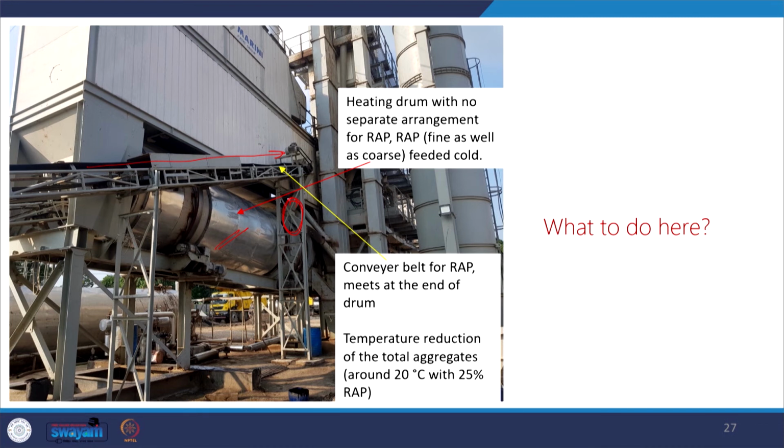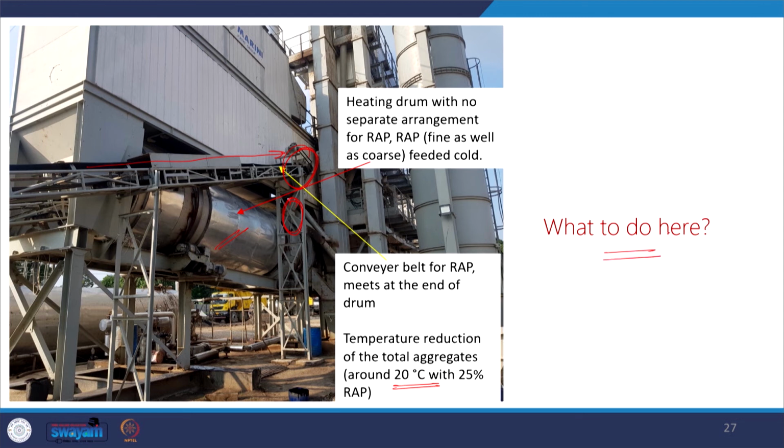Alright. So, it was found that once these heated aggregates meet this cold RAP at the end of the heating drum, the temperature of the mix reduces by around 20 degrees Celsius, considering that the RAP used was 25%. So, the question is what to do here.